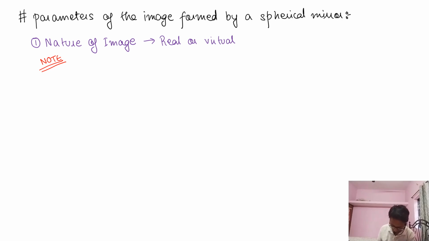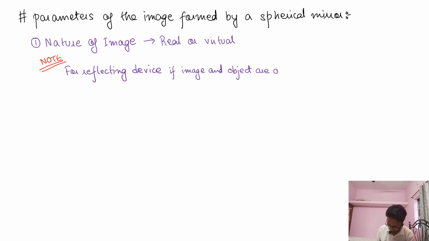For a reflecting device, that means any type of mirror, either spherical mirror or flat mirror, if image and object are on the same side of the device, that means either both image and object are in front of the mirror, or both image and object are behind the mirror.